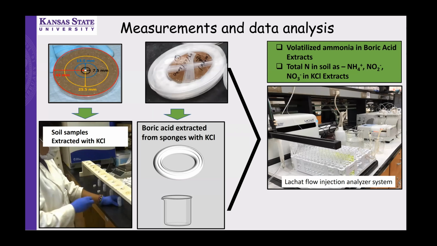We're also going to use potassium chloride extraction, which basically will capture ammonium, NH4+, nitrite, which is NO2-, and nitrate, which is NO3-. So using these different methods, as I said, the boric acid will capture the ammonia, and they have a very clever flow injection analyzer system that will effectively capture all the different types of nitrogen-containing compounds that are going to be produced once the urea and the urea co-crystals are exposed to the soil and the enzymes in the soil.